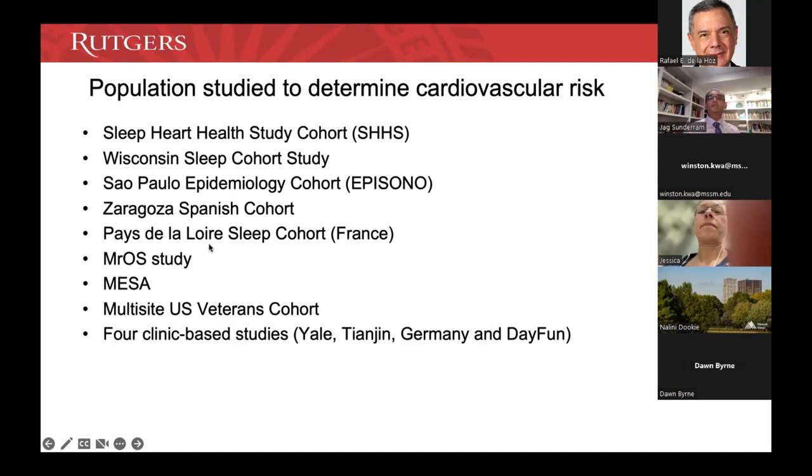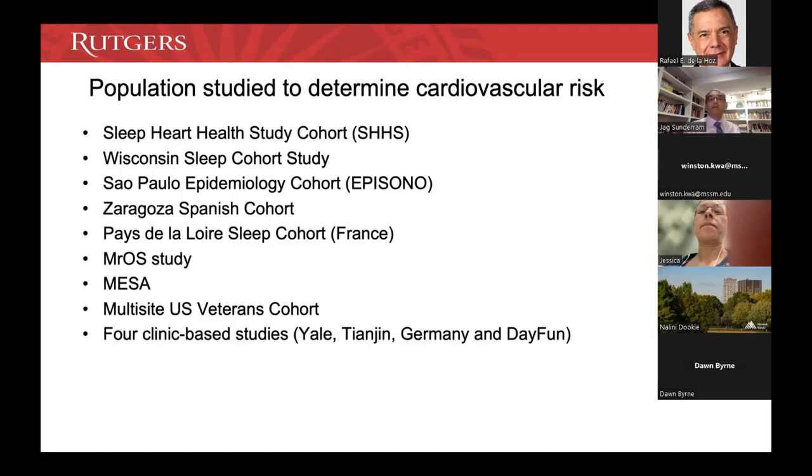The observational studies have been in a number of large cohorts, including a majority of the studies coming out of the Sleep Heart Health data, which was a community-based study of over 4,000 individuals. Wisconsin Sleep Cohort, which was again a community-based study of about 1,000 people.